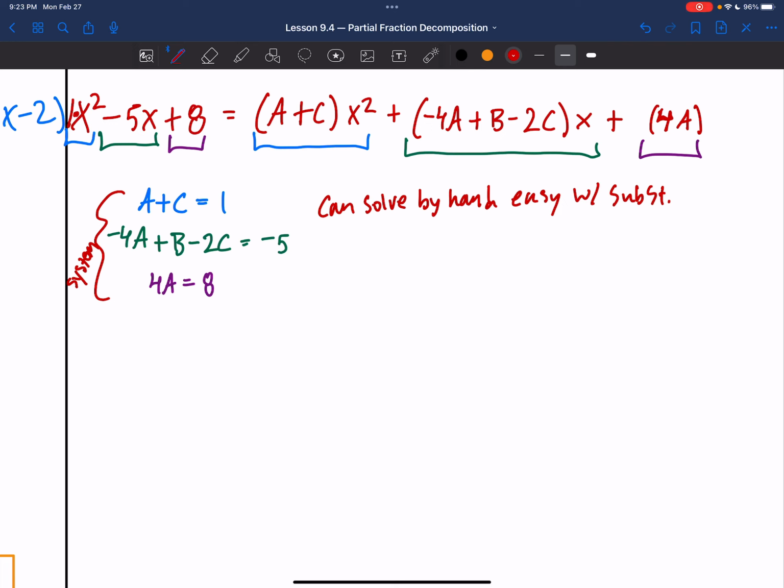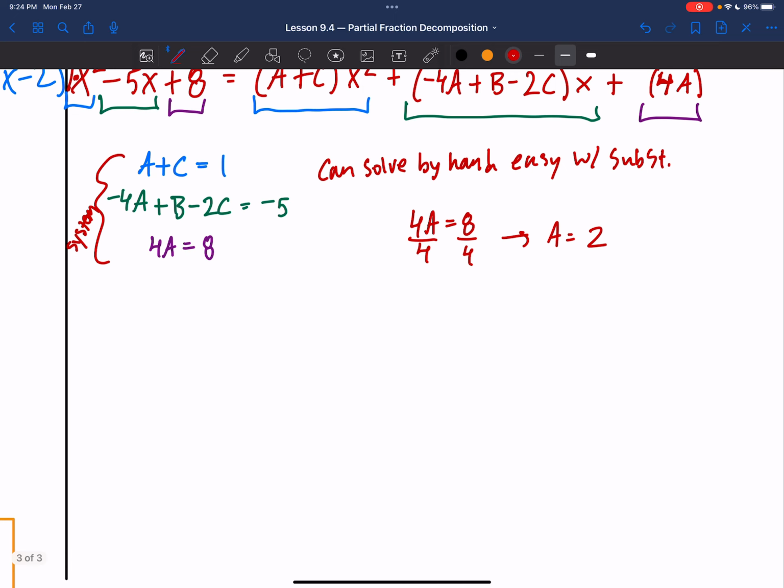If you know that 4a equals 8, then a equals 8 divided by 4, which is 2. Then a plus c equals 1 means 2 plus c equals 1. So subtract 2 from both sides, so c equals negative 1.